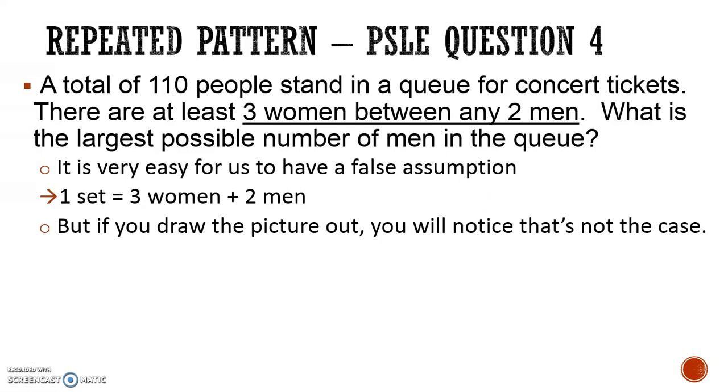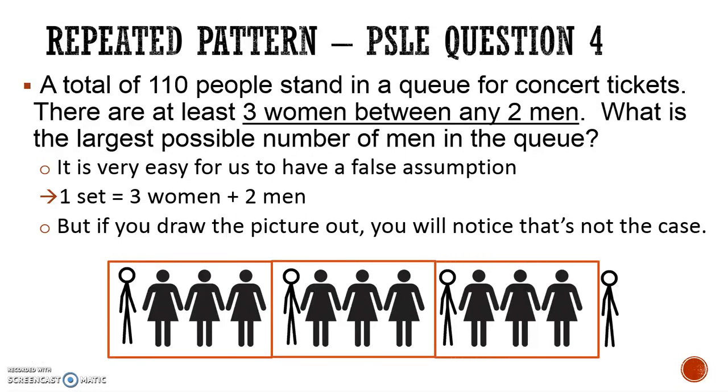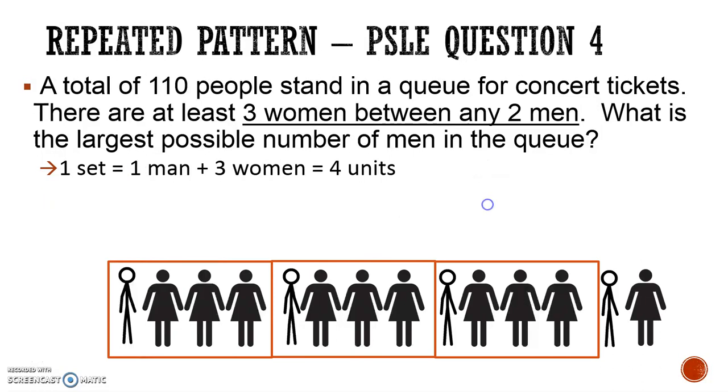But if you draw the picture out, you will notice that that's not the case. Look at this. How many people in each set? What is the pattern? One set is actually 1 man plus 3 women. It's actually 4 units in each set, 4 people.